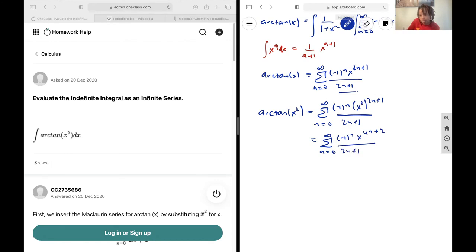So I just multiplied this by 2 to get the new exponent. And then next up, we're going to be integrating this.